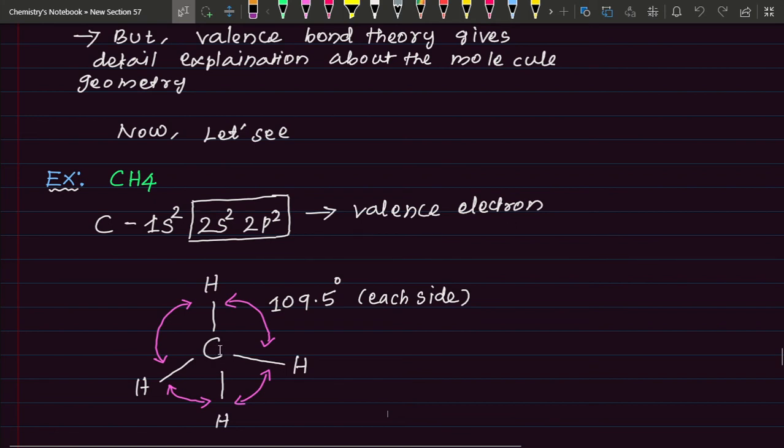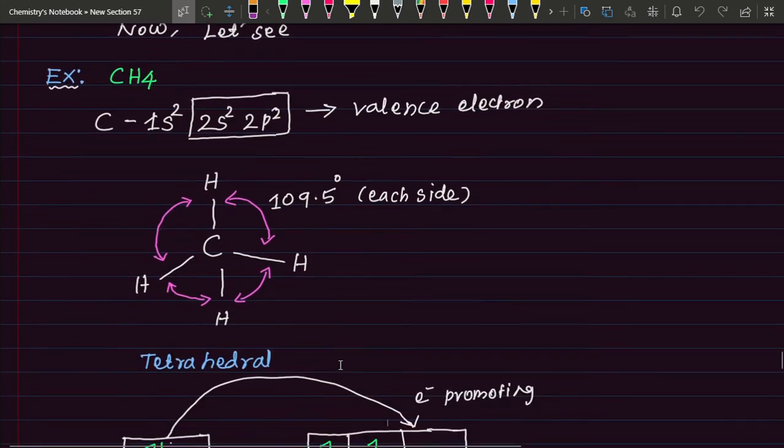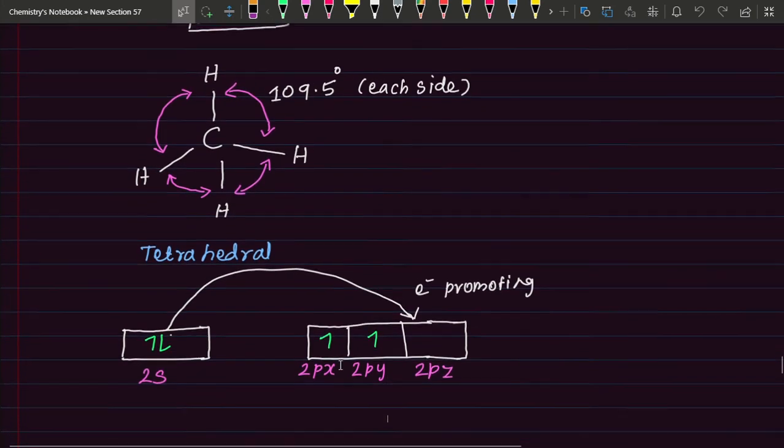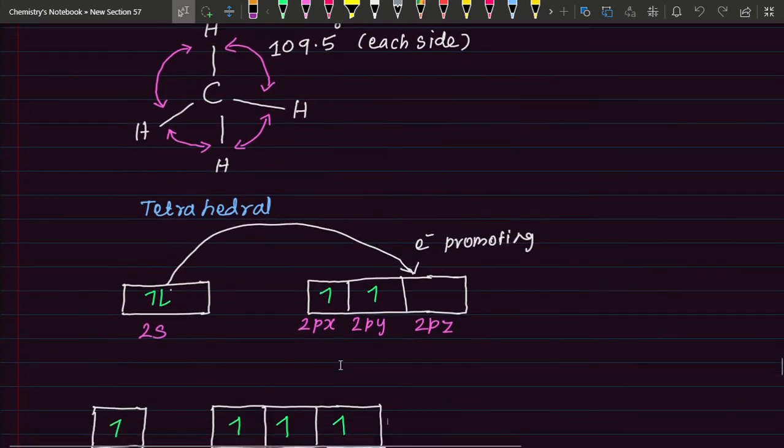Carbon always goes at the center, hydrogen always goes at the outer. All 4 hydrogens are at 109.5 degrees on each side, so all are under equal force. This molecular geometry shape is tetrahedral. See below.